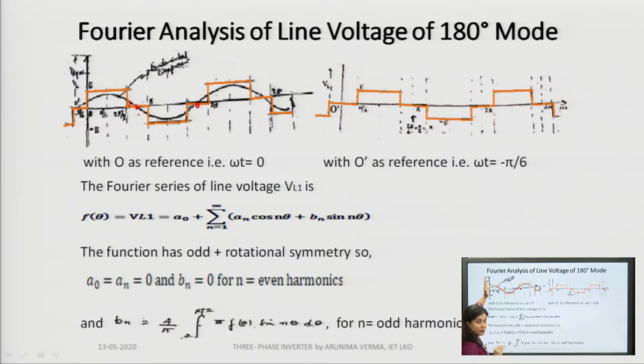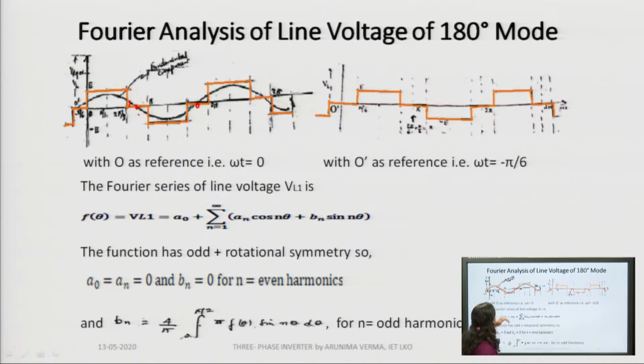This is the origin which I am taking as a reference for this waveform. Since this fundamental is passing beyond origin, that is minus pi by 6, we shift the reference from origin to O dash, that is omega t equal to minus pi by 6 is my new reference.